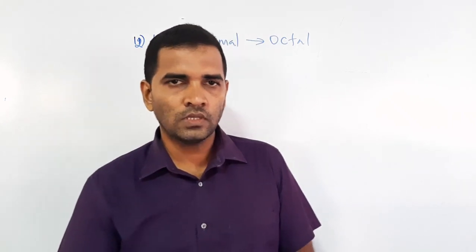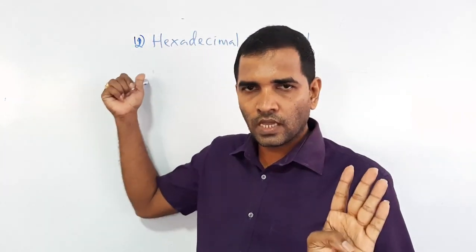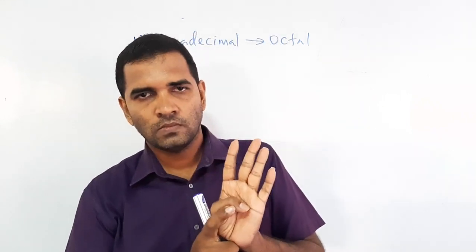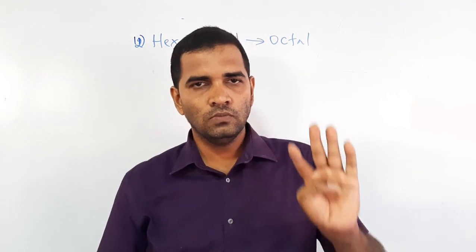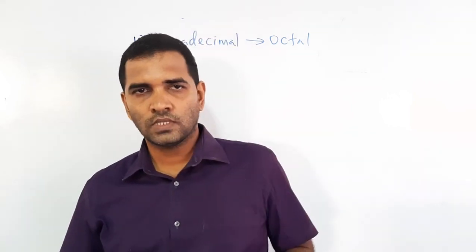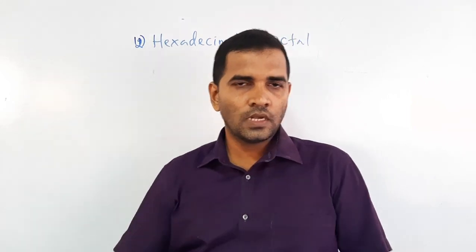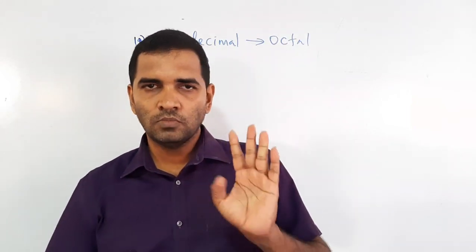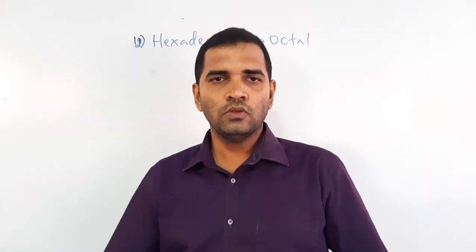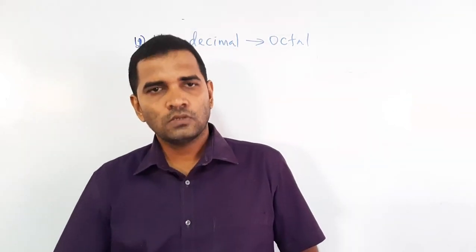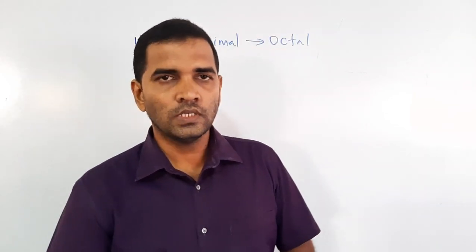What are the two methods? Option A, the first one: you can convert this hexadecimal to decimal first, and thereafter the decimal should be converted to octal. What is the second method? This hexadecimal has to be converted into binary first, then binary converted to octal. So you have both options as you had in the previous conversion.